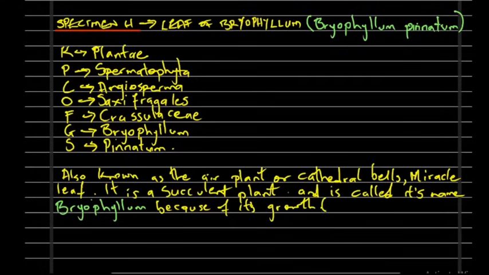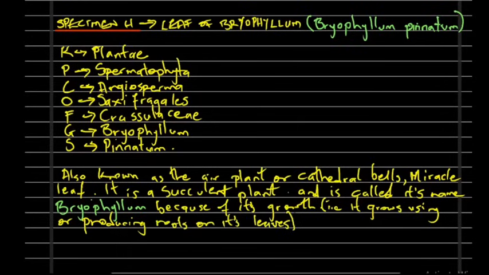Basically, because it grows by producing roots on its leaves or budding.